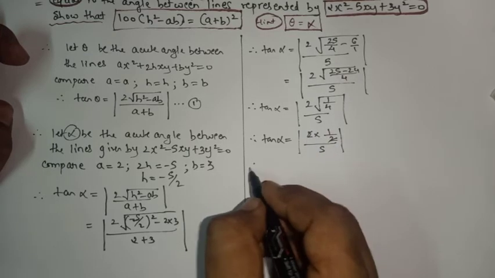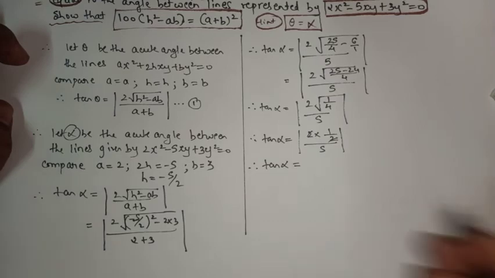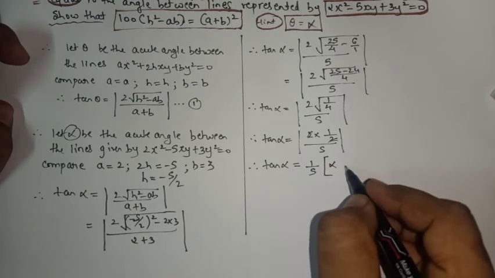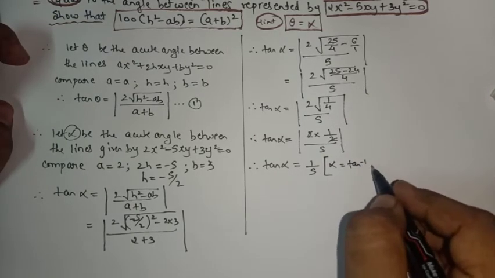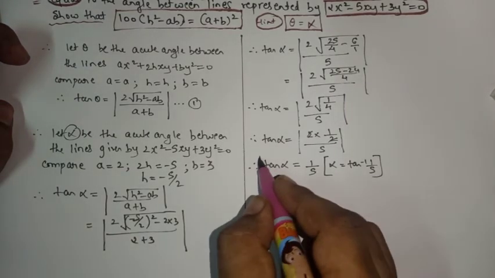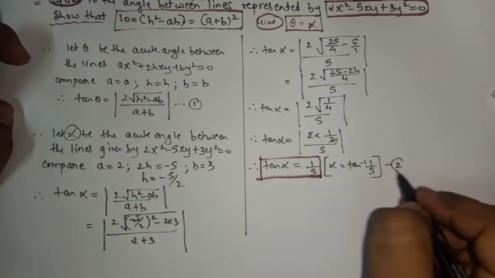The 2 gets cancelled. So therefore tan alpha is equal to 1 upon 5. So here we can write that alpha is equal to tan inverse of 1 by 5, or else you can keep this tan alpha like this only. We'll give this as equation number 2.